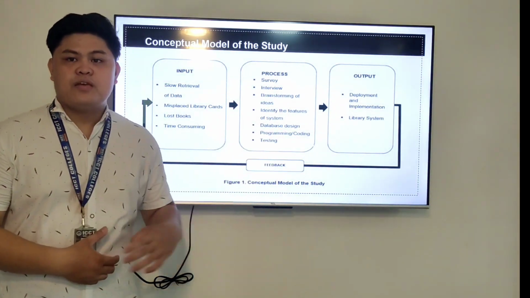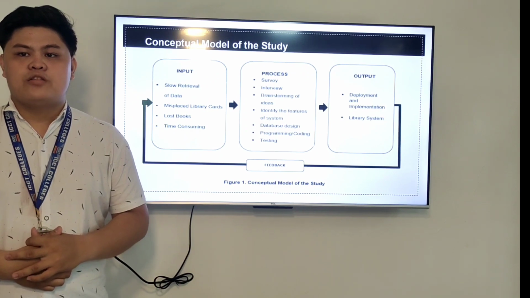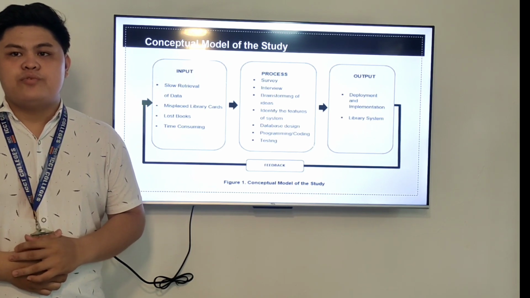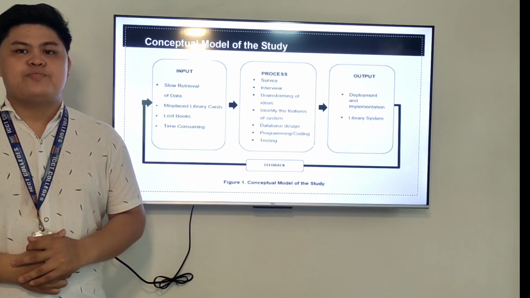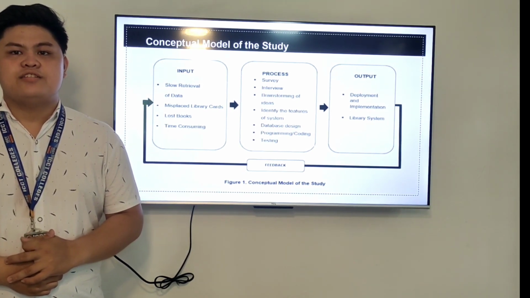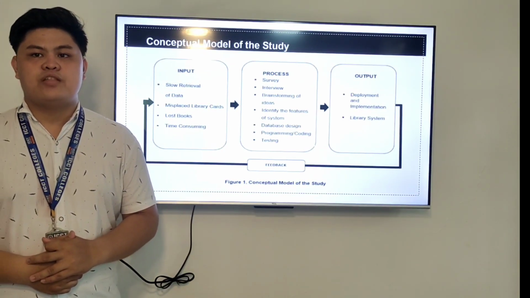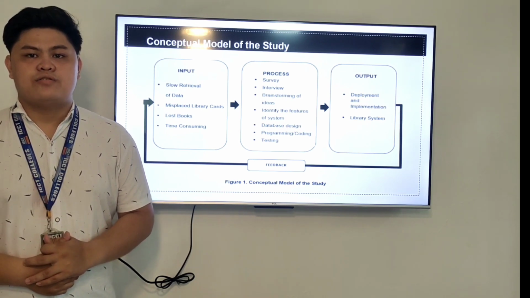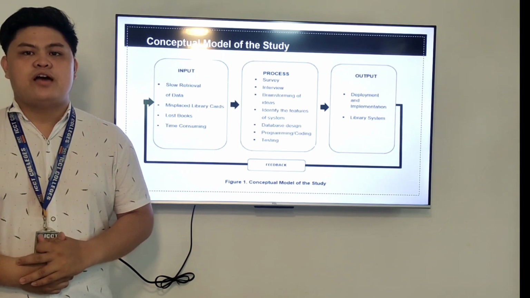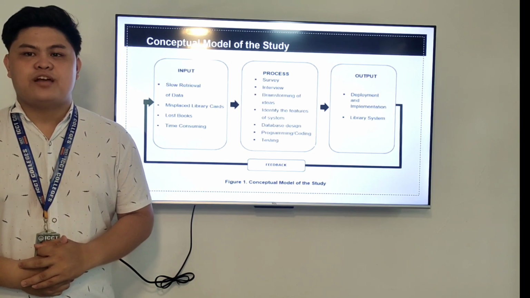The second frame presents the process of the study that involves integration of the library management system, through data gathering with the use of surveys, interviews, brainstorming of ideas, identifying the features of the system, database design, programming or coding, and the testing stage, wherein the project team conducted quality assurance testing to help identify and minimize bugs and errors and assure the quality of the project before doing the user acceptance testing, and make sure all the specified objectives are met.